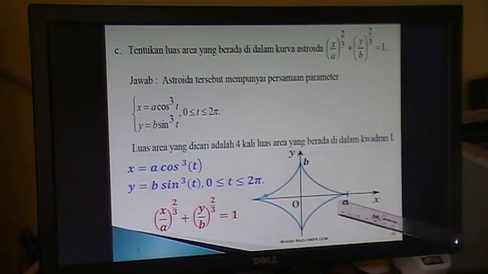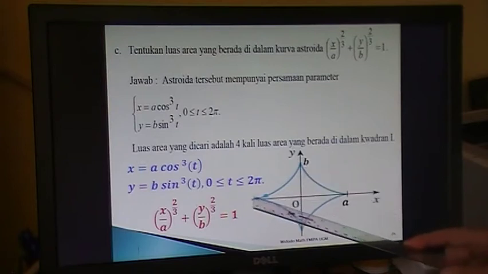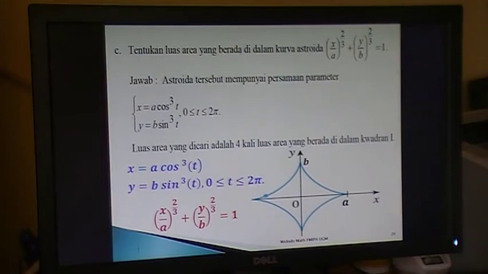This is a, this is b, this is a, this is b. In Cartesian coordinates, it is x divided by a to the power of 2 over 3, plus y divided by b to the power of 2 over 3, equals 1.